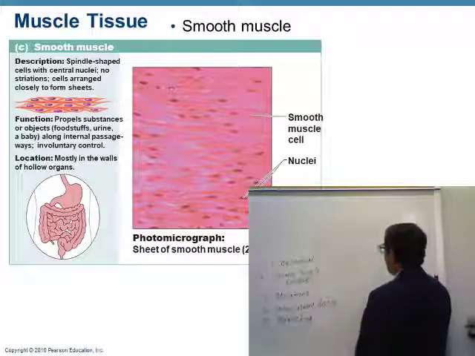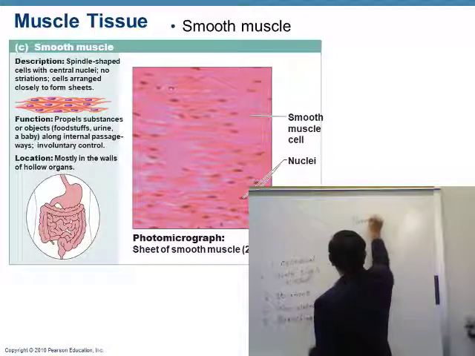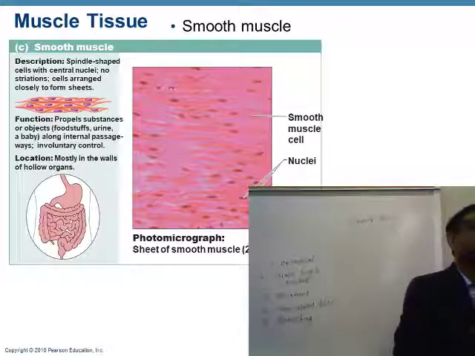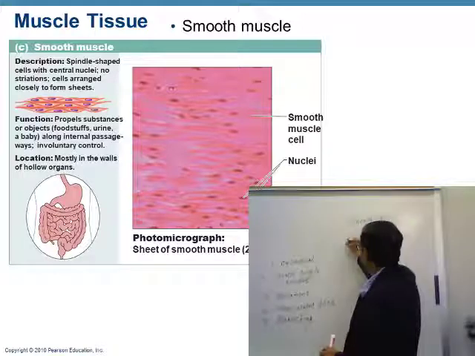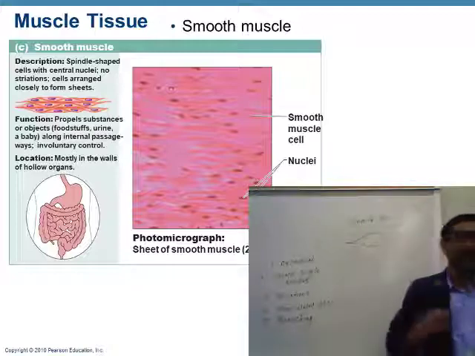Now, if you see a smooth muscle under the microscope, very simple. Smooth muscle is very simple. Spindle shaped fiber, not cylindrical, spindle.